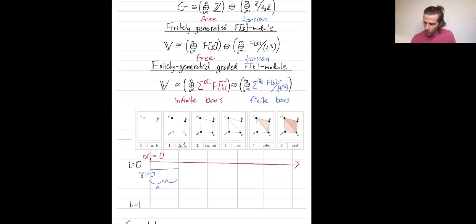So n_1 is equal to 1 because this bar has length 1. I'll describe that a little bit more once we get to one-dimensional homology. All right, we had 1 more finite bar in this zero-dimensional barcode, and it started at time gamma_2, which is equal to 1, and it also has length 1. So n_2 is equal to 1.